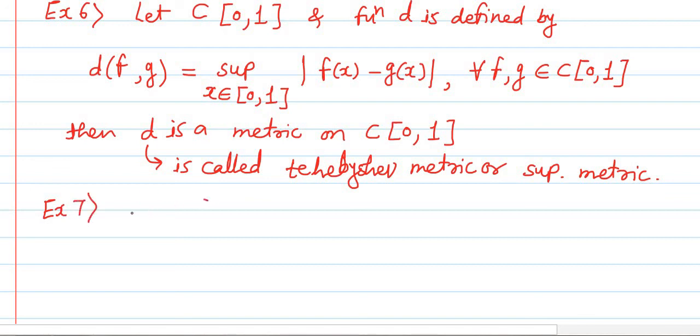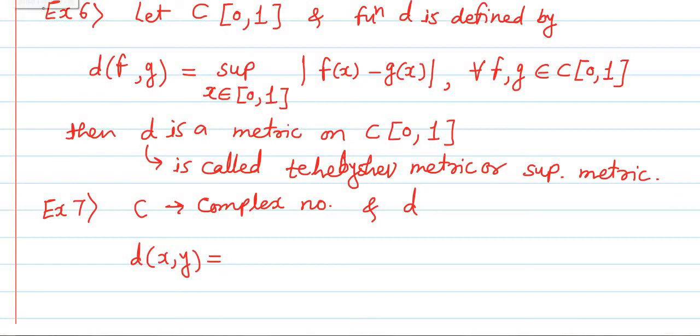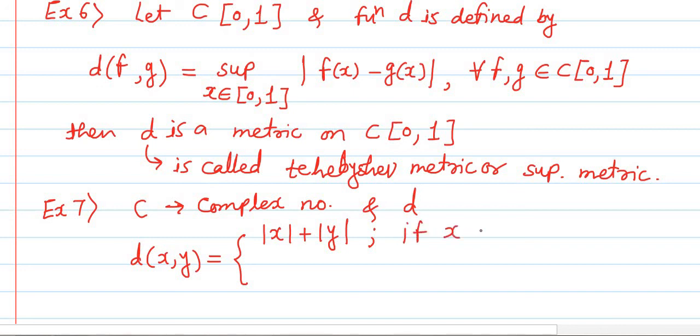So if we consider capital C as the set of all complex numbers, and D is defined as D of x comma y equal to mod x plus mod y if x is not equal to y, and D of x comma y equal to 0 if x is equal to y.